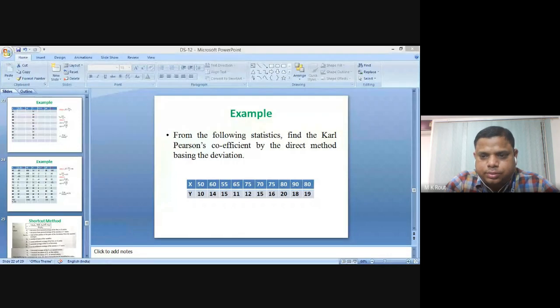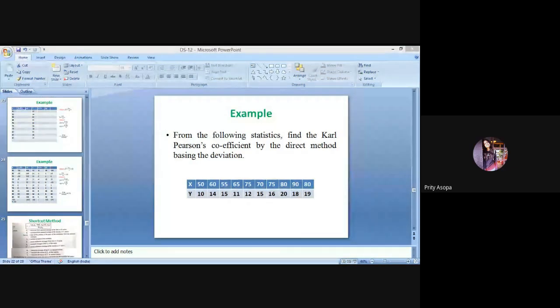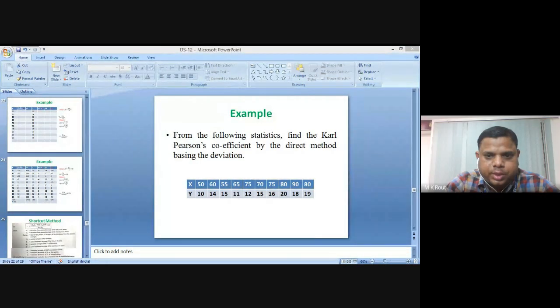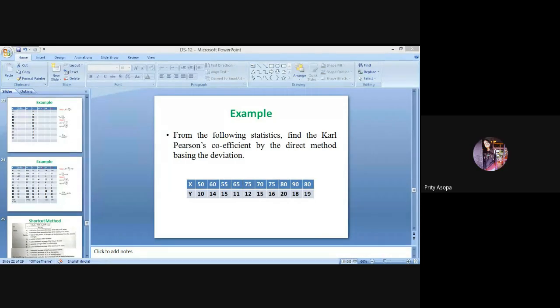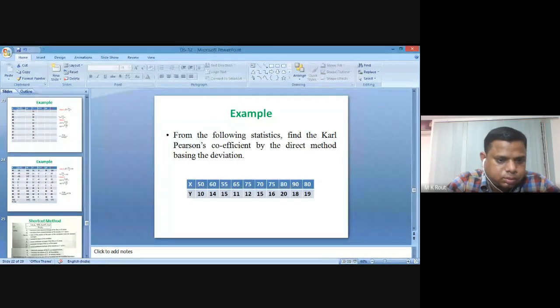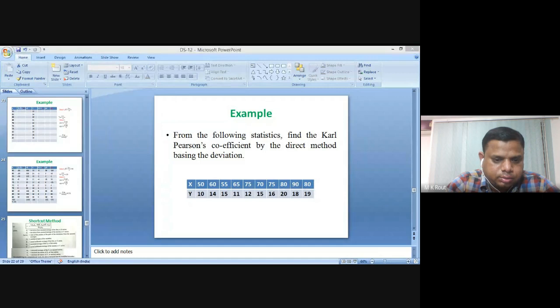Pritam Palli, okay, Sangram, that is the correct answer, 70. Then calculate y bar. So 15. Yes, sir. Okay, it's correct.